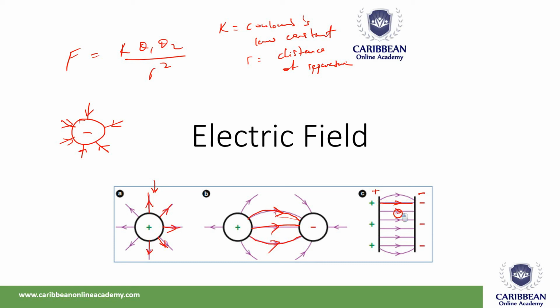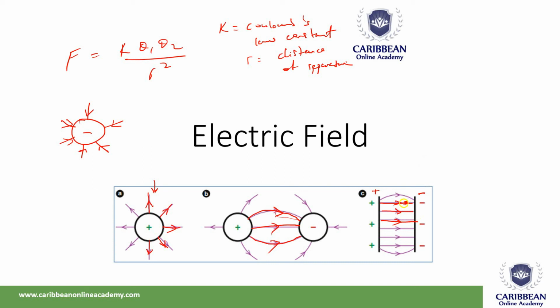But the good thing about parallel charged plates is that the electric field is uniform. When we say uniform, at any point in between the charged plates, the electric field is the same in terms of its magnitude.